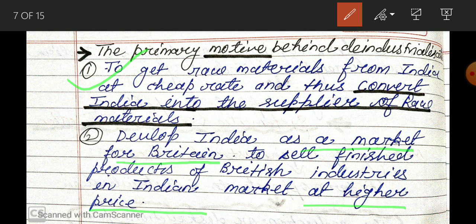And second, they wanted India to become their market, so that they were able to sell their industrial manufactured goods, machine made goods, here. So for that they started systematic deindustrialization.